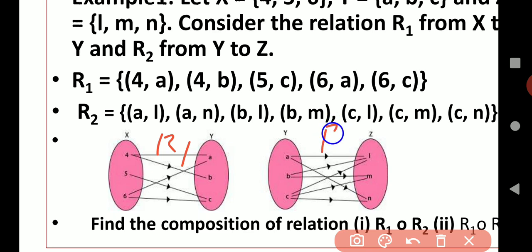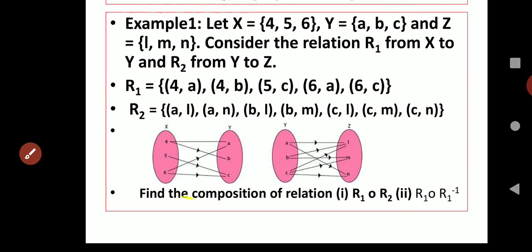We have another relation R2 from Y to Z, and in R2 we have (a, l), (a, n), (b, l), (b, m), (c, l), (c, m) and (c, n).